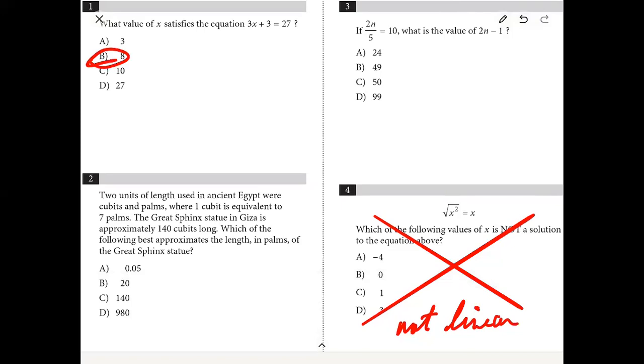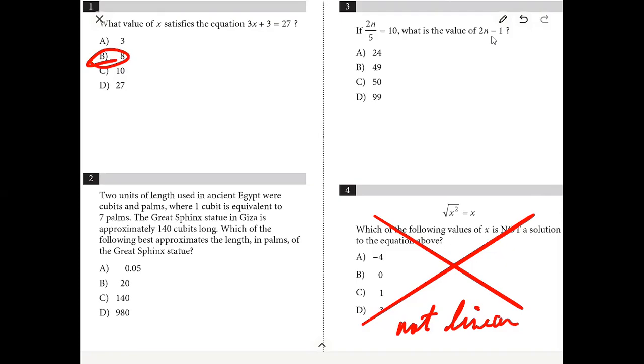Now, next one, number 2. It says 2 units of length used in ancient Egypt were cubits and palms, where 1 cubit is equivalent to 7 palms. The Great Sphinx statue in Giza is approximately 140 cubits long. Which of the following best approximates the length in palms of the Great Sphinx? Okay, so this is a proportion, so it's a linear equation.